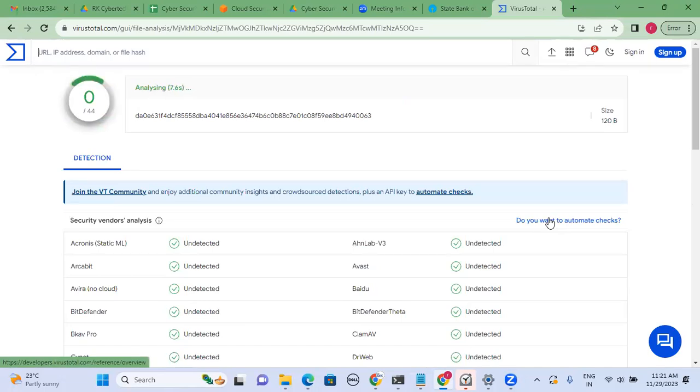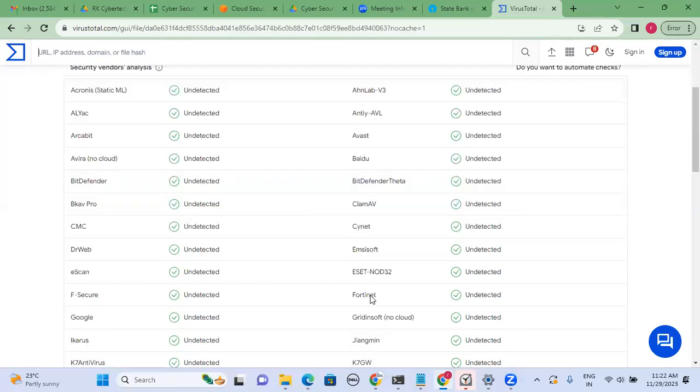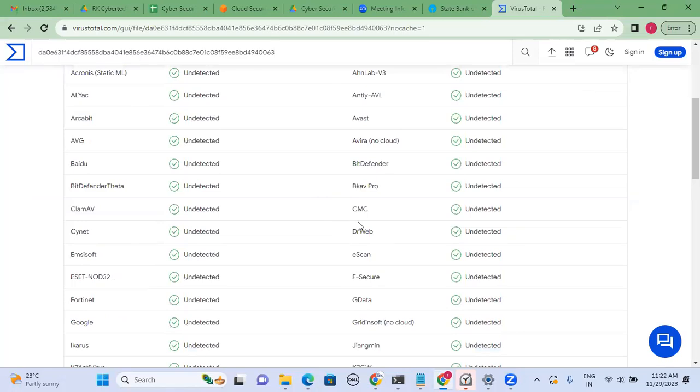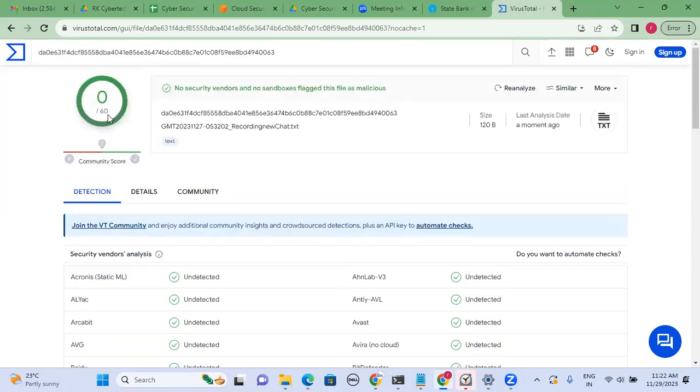It is verifying malware as well, whether this file has any malware infection or not. It is scanning the file with different vendors. All these are antivirus or EDR vendors. How many vendors validated this file? 60 vendors. Every vendor said it's a clean file. There is no malware infection.